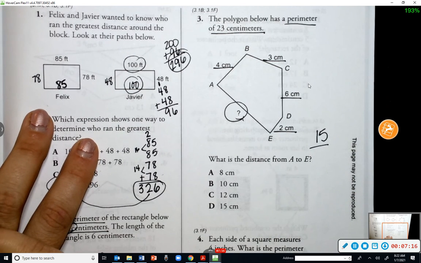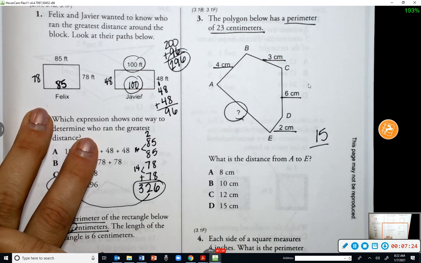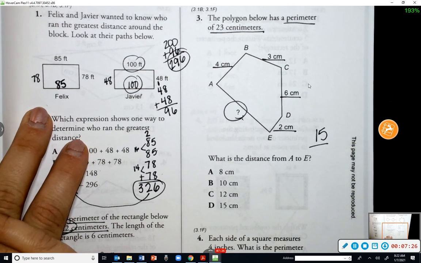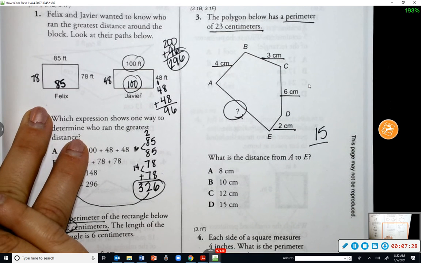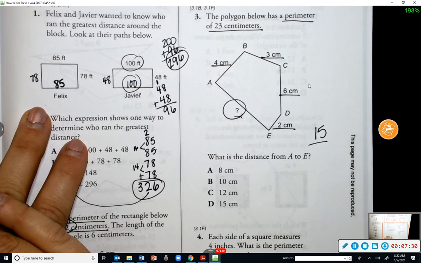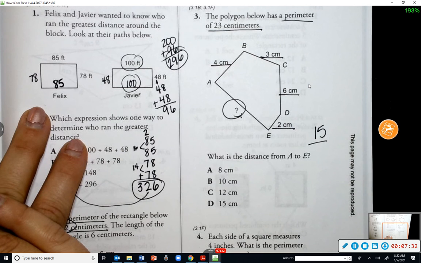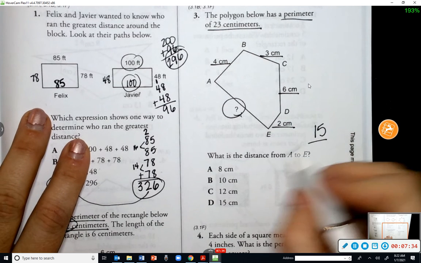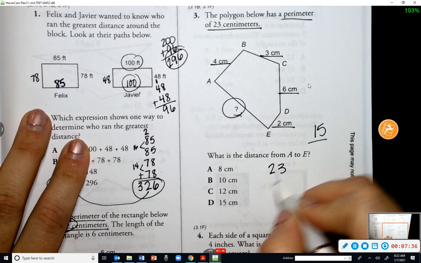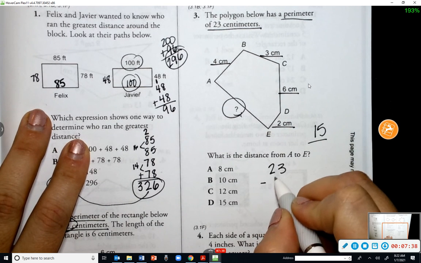What do I do next? Allie? Subtract, then divide. We don't have to divide on this one, but we do need to subtract. Why don't I divide, though? Do you remember why we don't divide? Because we only do it on rectangles. Only on rectangles. Good. There are 2 missing sides on rectangles. So we do need to subtract.